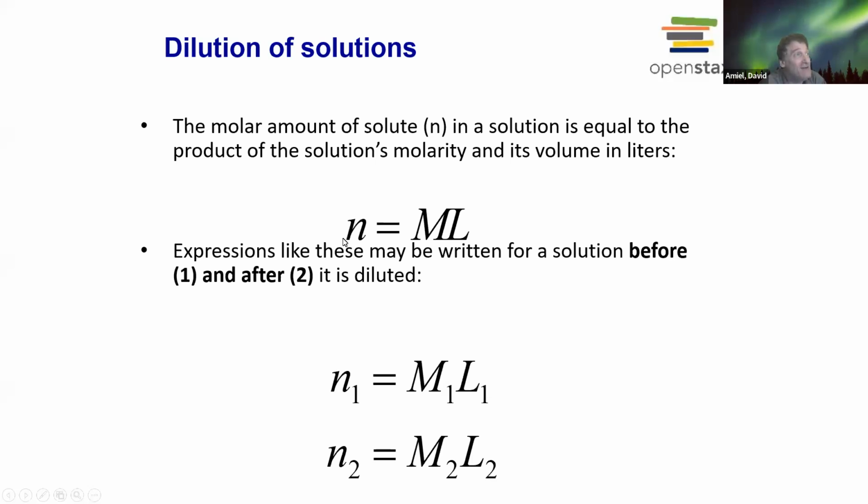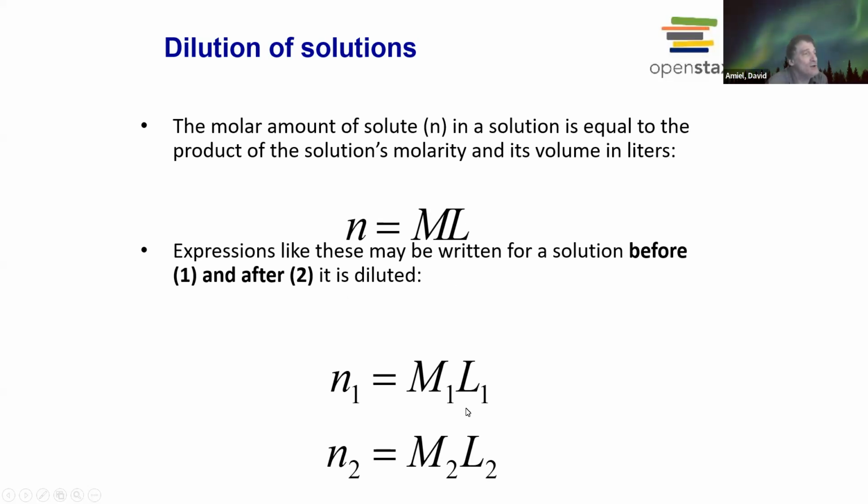That's n, the amount of the solute. Going back to the original definition of molarity, it means moles of solute per liter of solution. So molarity times liters is the number of moles of solute. That's the top equation here, just saying that molarity times volume is the number of moles of solute.